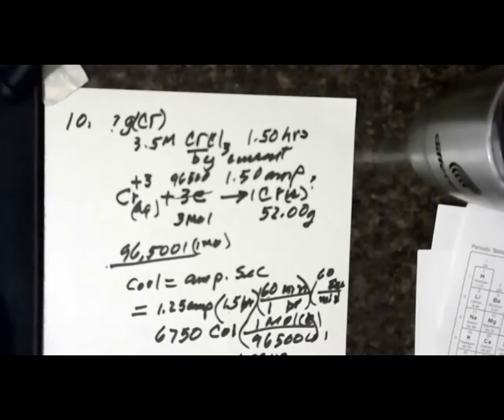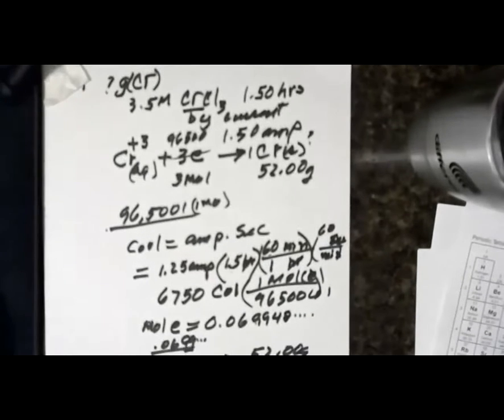And that's 0.02332. I need to multiply the rebalancing factor times 52, the amount shown in the problem. So I'll multiply that by 52 grams, and I get 1.21 grams.